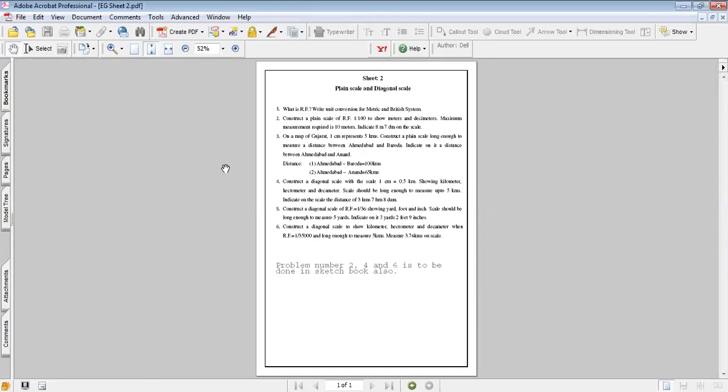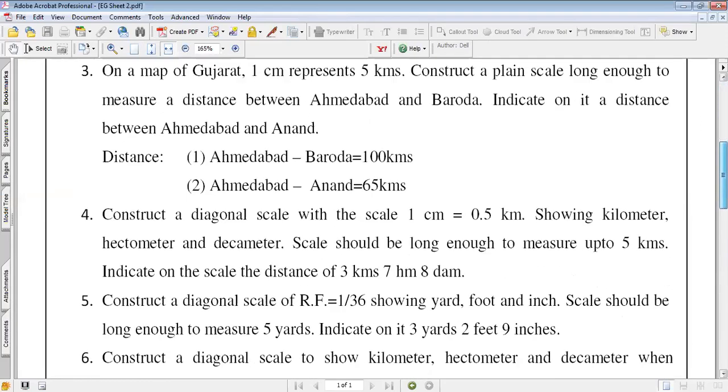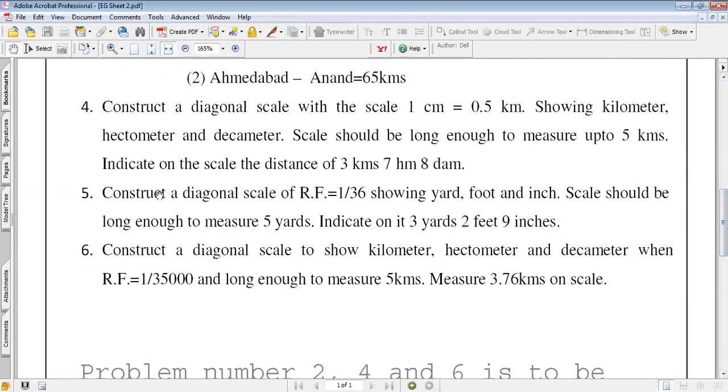Yes, sir. Okay, we have 6 problems in this sheet. The first one we have already seen. The second, third and fourth ones we have also performed. Now what are the fifth and sixth? You just observe. It is nothing different. It is again a diagonal scale only. The same diagonal scale we need to draw, with kilometer, hectometer, decameter, same scale. Got it? Yes, sir. So you will be able to perform these by yourself. Understood?